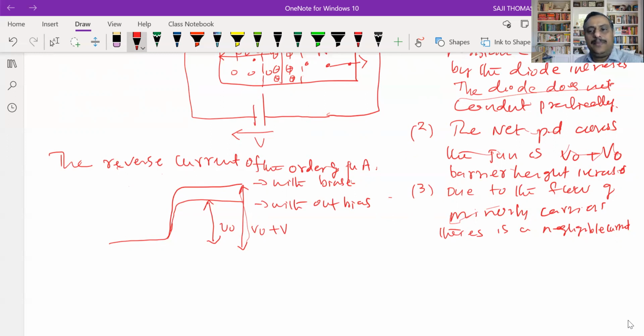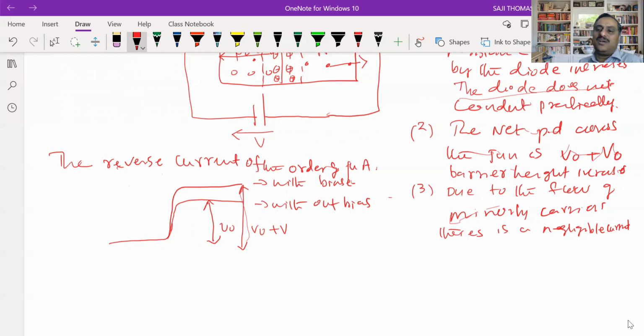Now reverse biasing. The P section of the diode is connected to the negative terminal and the N section to the positive terminal. Since both the charge carriers move away from the junction, the width of the depletion layer increases. Resistance of the diode becomes very large. Practically, it is not conducting. However, there are some minority carriers in both P and N sections. They move under the junction field. They constitute a small current of the order of microamperes.